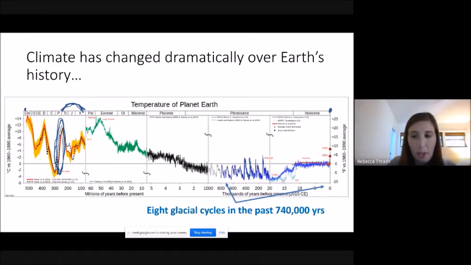So here's our current temperatures now. And the concern in the future is a shift from this average. So this is the projected 2100 temperature here. And you can see it's very, very high from the past million years or so.